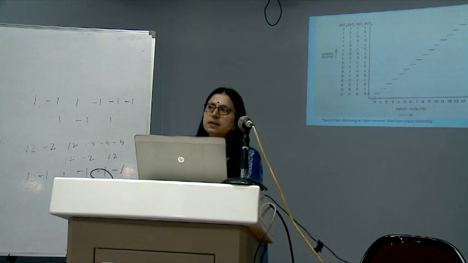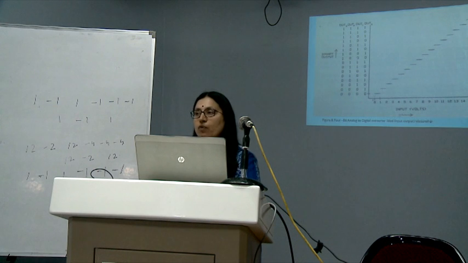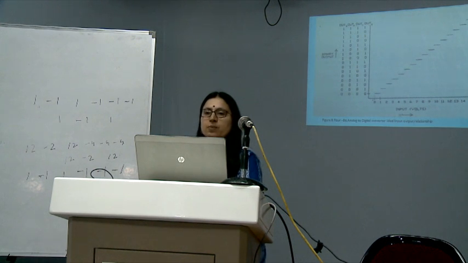In this graph, I have shown the input analog voltage along the x-axis and the output digital voltage along the y-axis. When your input voltage is 0 volts, the output should be 0, 0, 0, 0. When the input voltage is 1 volt, the output should be 0, 0, 0, 1. Similarly for 2 it should be 0, 0, 1, 0. And for 15 it will be 1, 1, 1, 1.